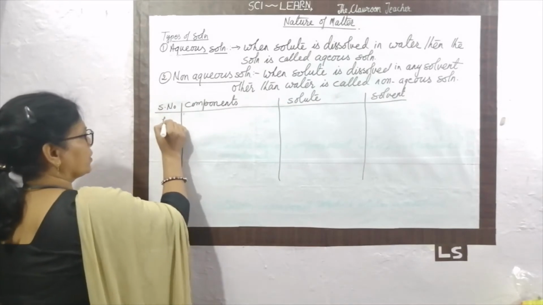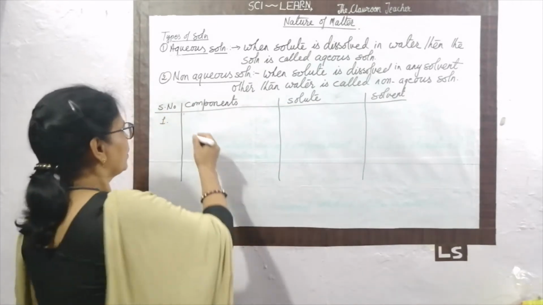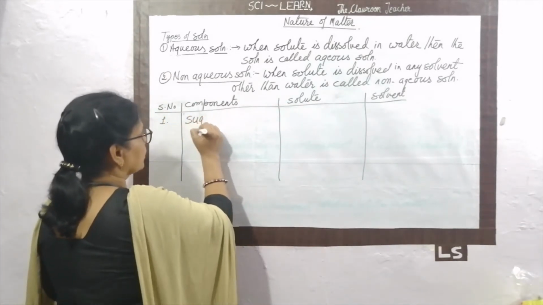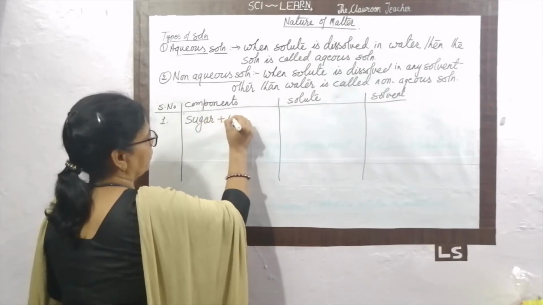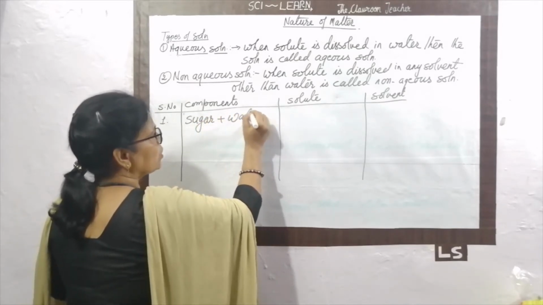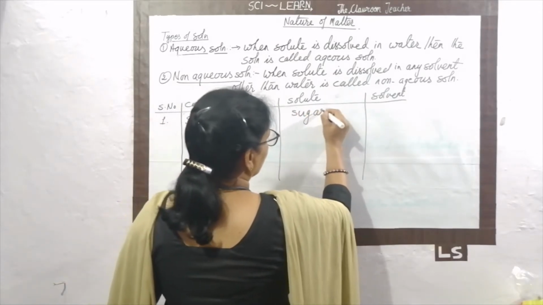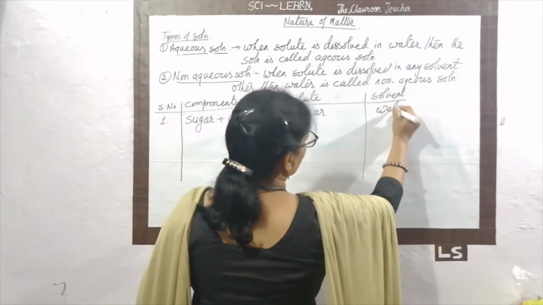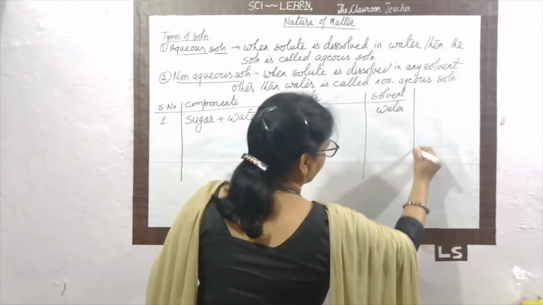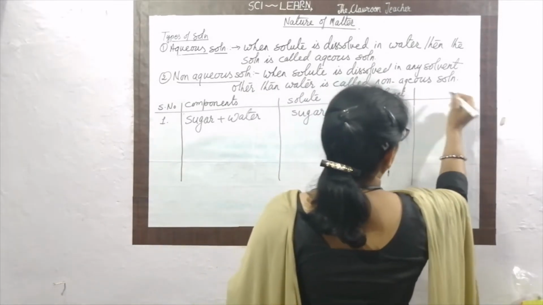Now first, the component is sugar plus water. What is solute here? Solute is sugar. What is solvent here? Solvent is water. Now what is the nature of this solution?